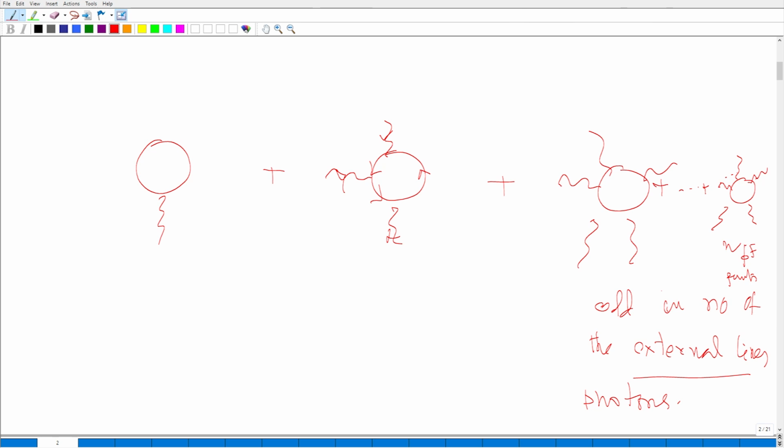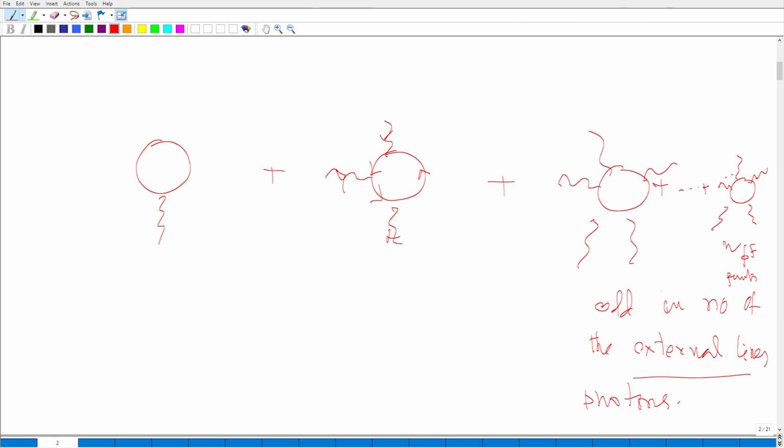This particular logic is sometimes called the discrete symmetry arguments that decide whether a diagram with odd number of external lines or even number of external lines should actually contribute to the effective Lagrangian.